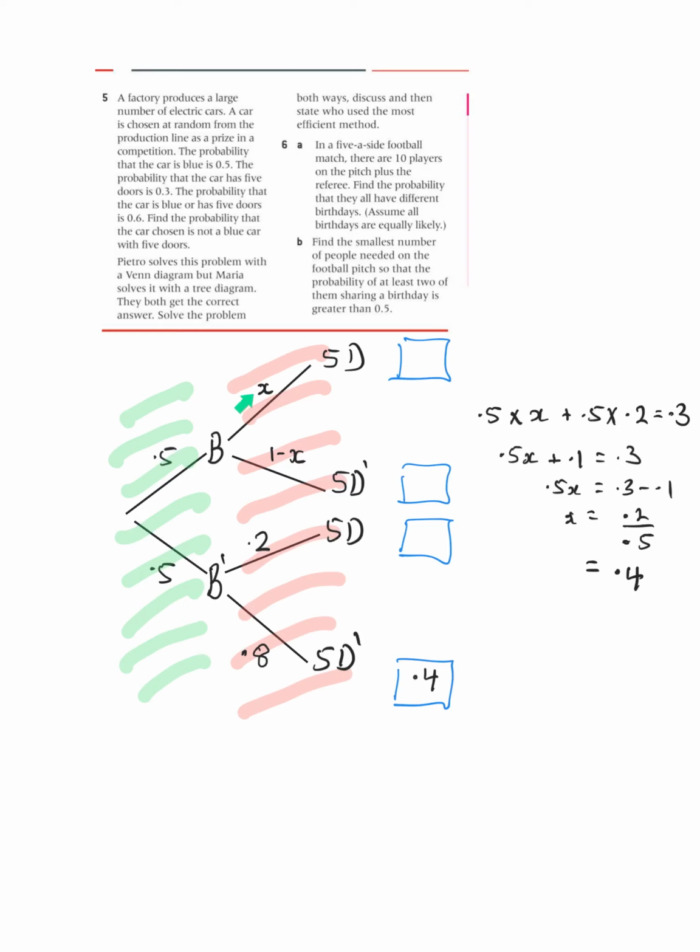When x equals 0.4, the number in this box is 0.2. When x equals 0.4, the number in this box is 0.3. This box is 0.3. And we can also fill in this box, which is 0.1.